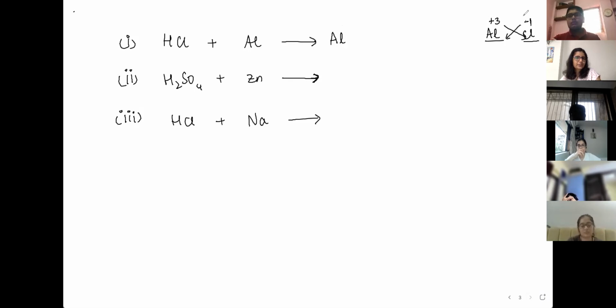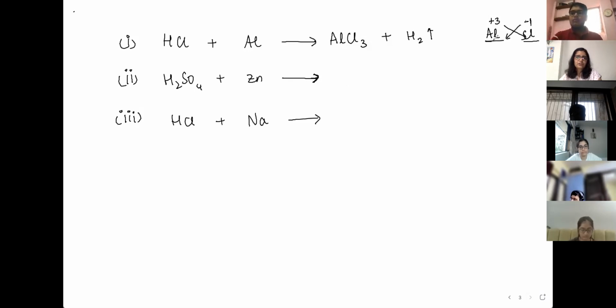Plus minus is just to indicate that aluminium forms a cation and chlorine forms an anion. When both combine, the positive and the negative get neutralized and the overall charge becomes 0. That's why you don't write the plus minus in compounds. But when you break them apart, they become plus minus again because they ionize. Okay. So the salt will be AlCl3 and hydrogen is produced.